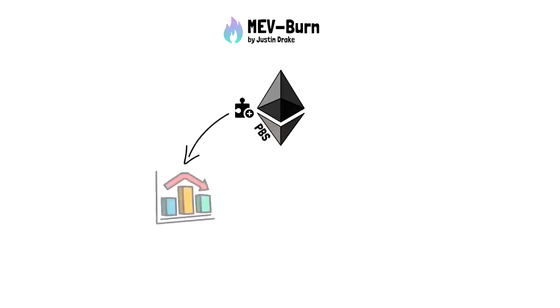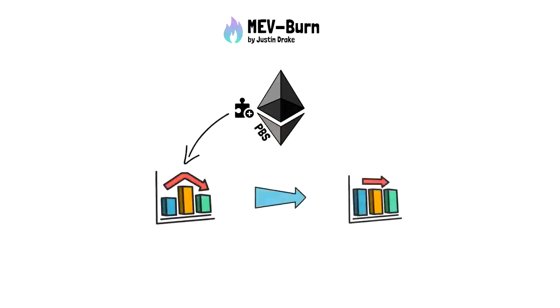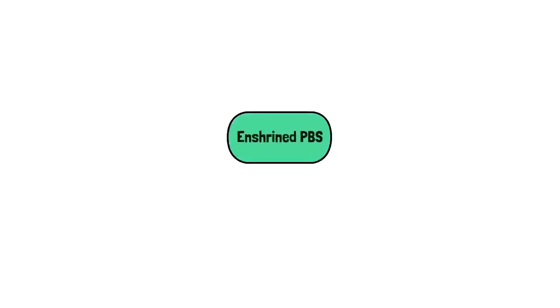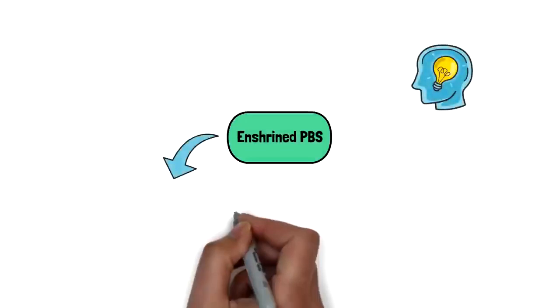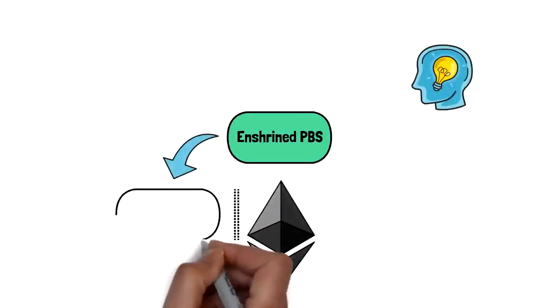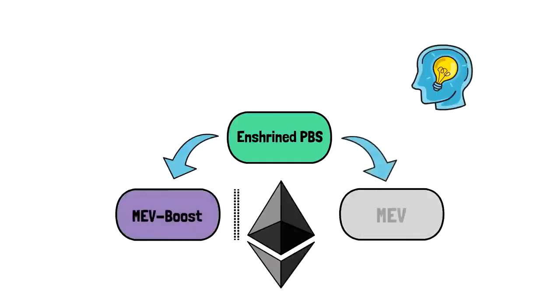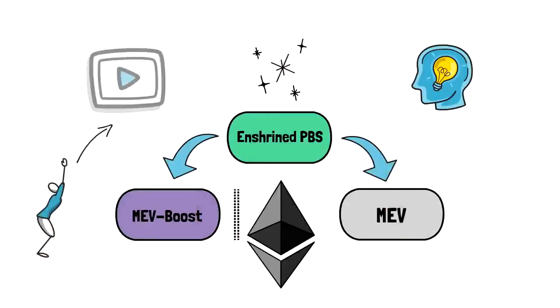It describes a simple enshrined PBS add-on to smooth and redistribute MEV spikes, a design similar to EIP 1559. Speaking about enshrined PBS, it will be interesting to see its impact on existing out-of-protocol implementations of PBS, such as MEV Boost, and the MEV space in general, once it's materialized. We'll for sure dive deeper into some of these topics in the following videos.